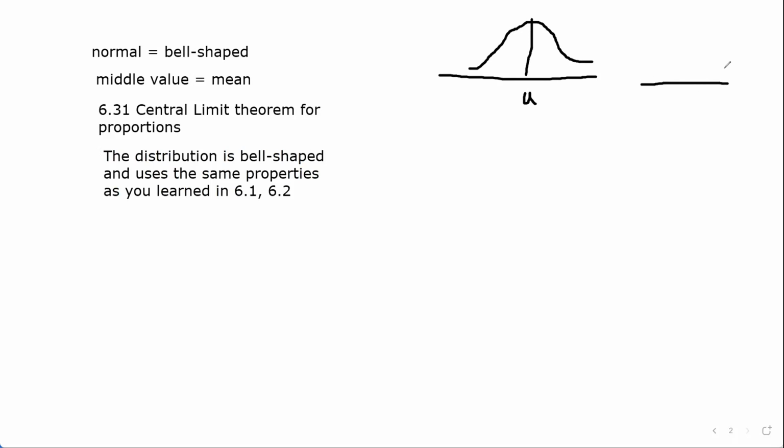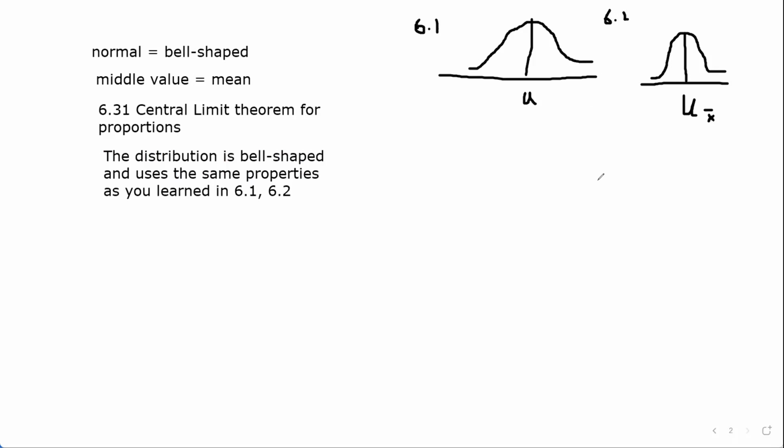In 6.2, we technically had a mean here, but it was called mu of x bar because we were talking about the sample. The mean of all the samples, which was the population mean, yes? So this is 6.1. This is 6.2 when we're dealing with samples, right?